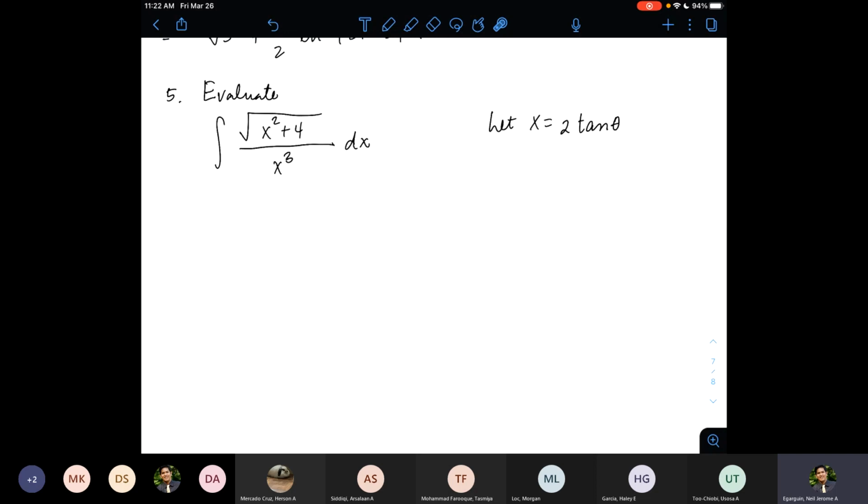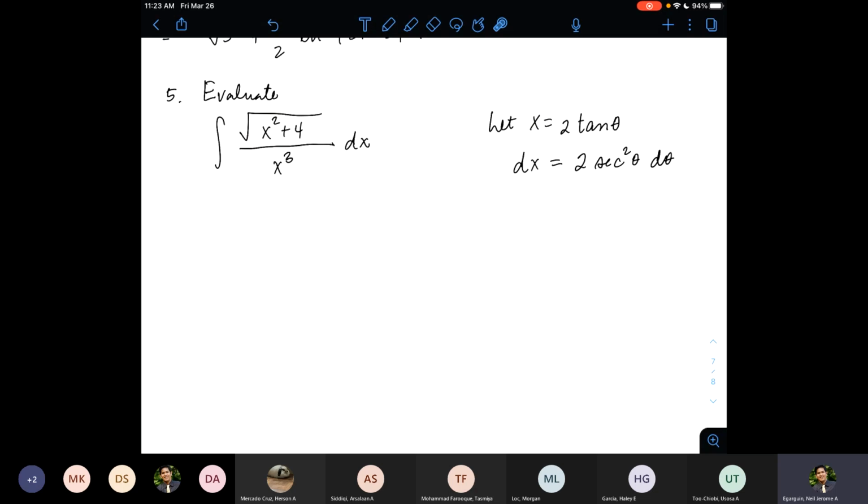And one common mistake is that students forget to also change the dx. That's why when you write x equals your trig function, don't forget to write the substitute for dx right away so that you won't forget. Muriel, you need to use 2 tangent theta for your x, not 2 tangent squared, because this is an x value which will go inside the quadratic function there.